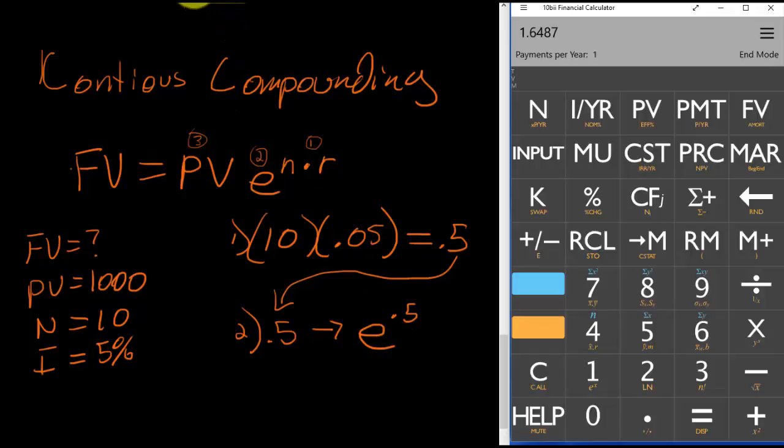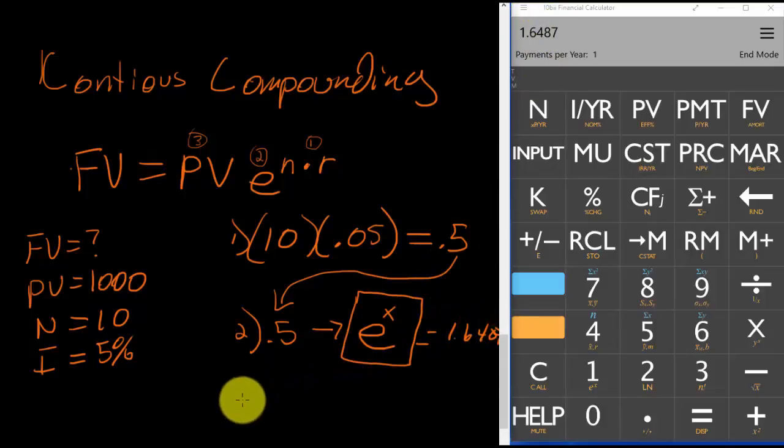So as a matter of fact, let me go over here, erase this, and I'm going to call this e to the x to signify that all you're going to do is push the button e to the x. This gives you some number, 1.6487, and so on. Step 3, finally, we have our 1.6487.